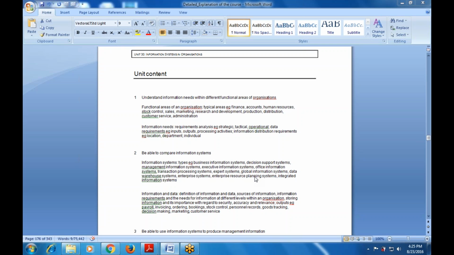Data warehousing means storage purpose. Then enterprise systems, enterprise resource planning systems, integrated information systems. So these are the various kinds of systems that we are going to study in this module.